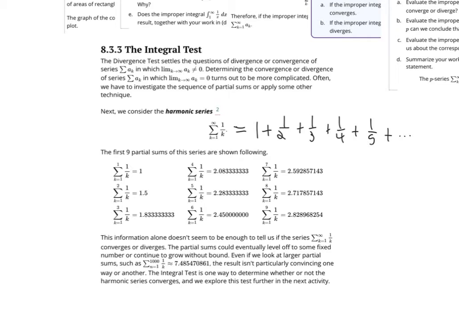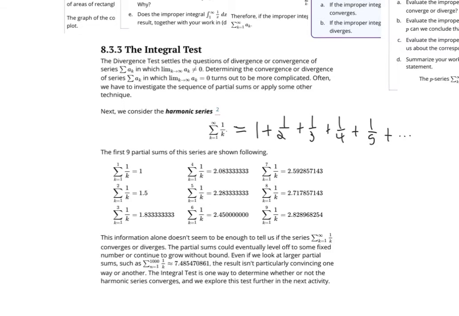But that's not enough to tell us what is going on. If we even went up to n equals 1,000, we would get 7 point something, which is still kind of a low number. So we don't really know either way what's going on.